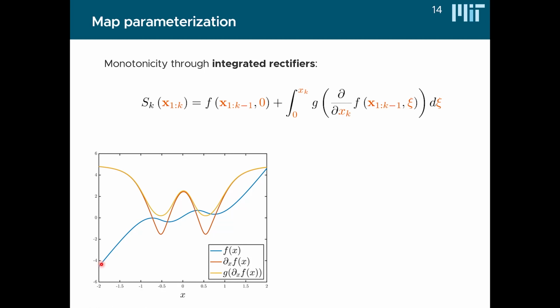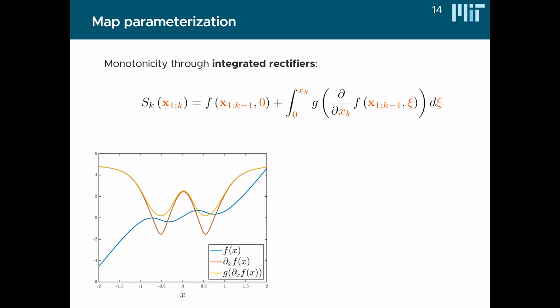So assume that you start with a, in this case, one-dimensional combination of basis functions here in blue, which is not monotone. We can then monotonize this in a number of steps. The first one is we take the derivative of this basis function, which gives us this red curve here, which still isn't monotone. And if we then subject this to some rectifier g, which is some kind of function which transforms something that's positive and negative into something which is strictly positive.